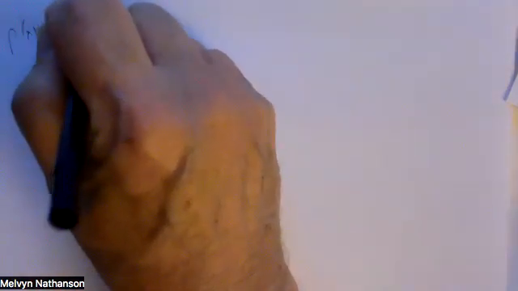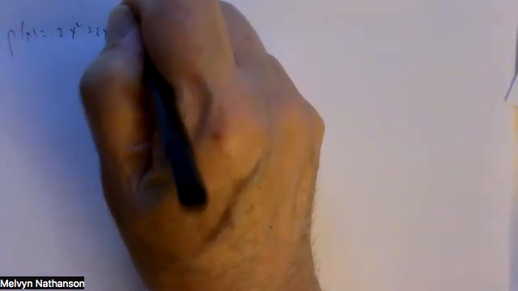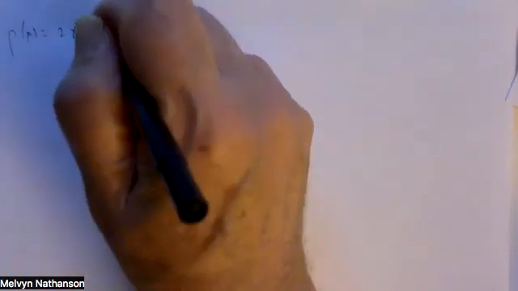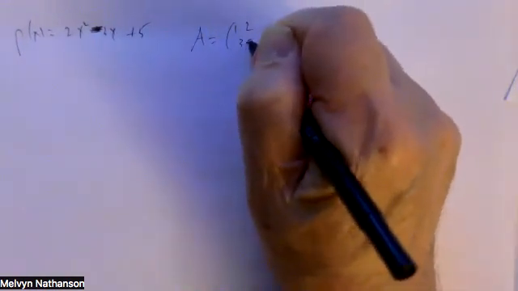So for example, suppose we take p of x equal to 2x squared minus 3x plus 5, and we let A be the matrix 1, 2, 3, 4. What is A squared?